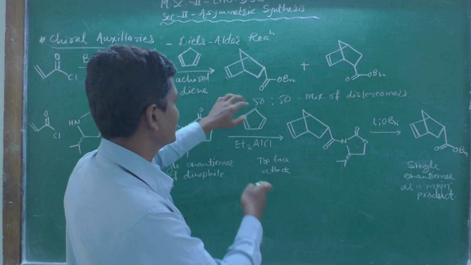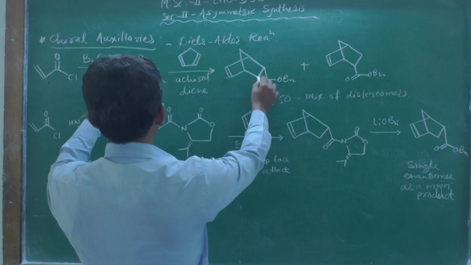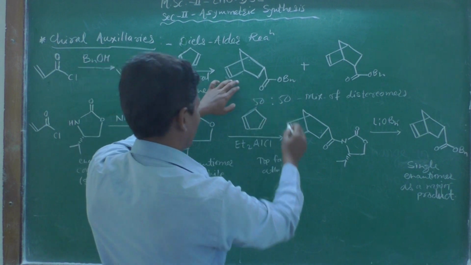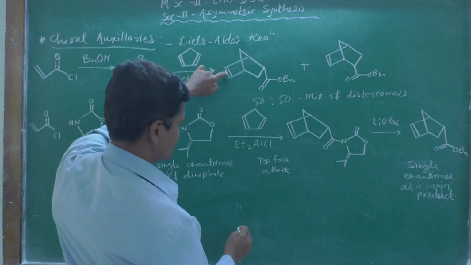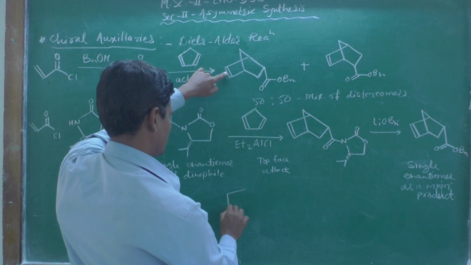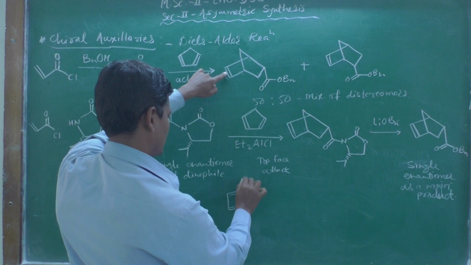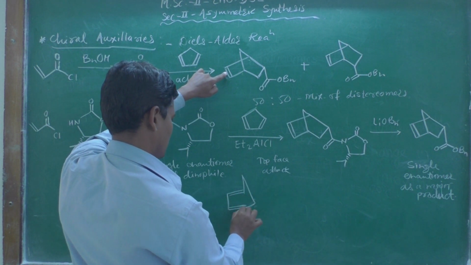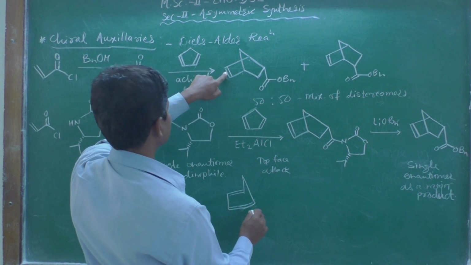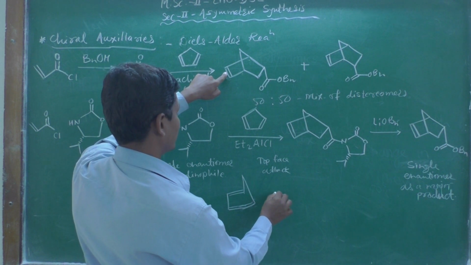In this molecule the CH2=CH will orient like this. Your diene will be like this, and your dienophile will orient like this.